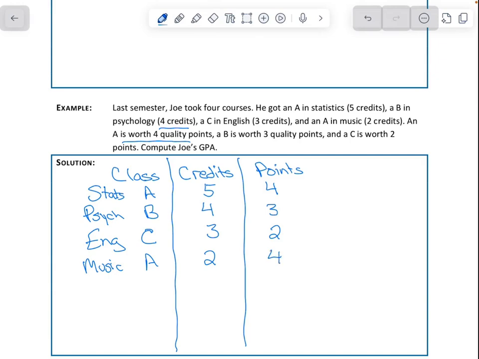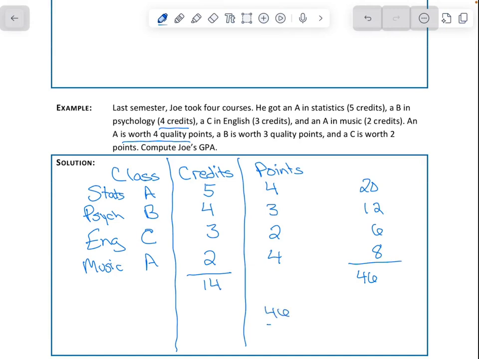So what we're going to do is multiply these together. So we've got a 20, 12, 6, and 8. Multiplied 5 times 4 and so forth. So this is his total points, 46, divided by his credit hours. He's got 14 credit hours that semester.